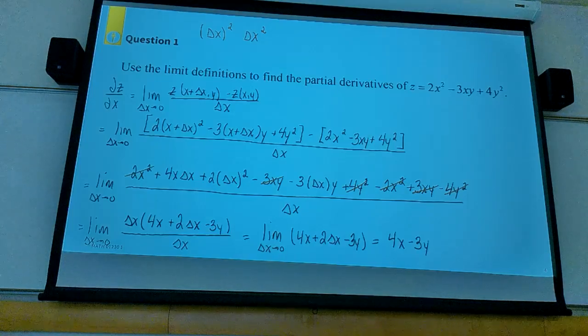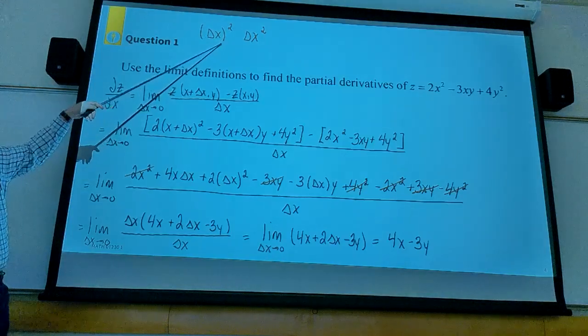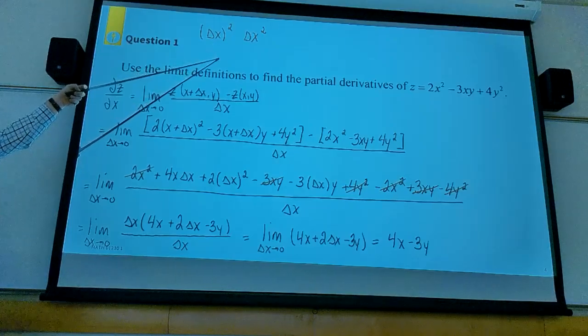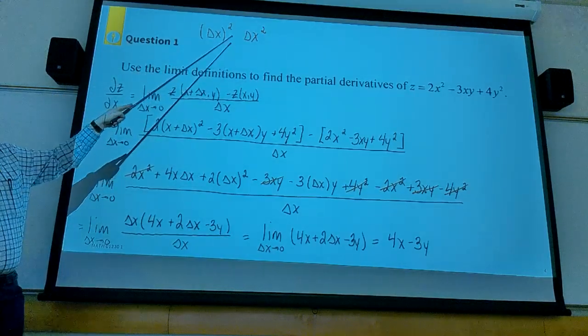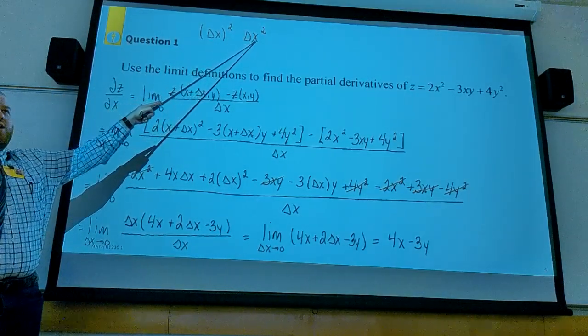What is it? So this one's saying find your change in x first and then square it. This is the change of x squared.